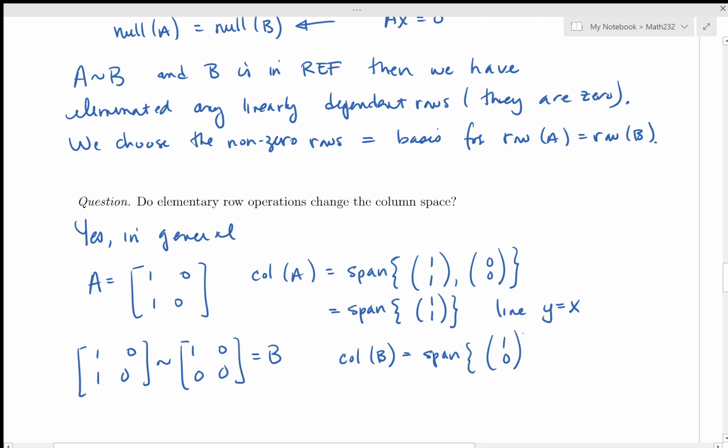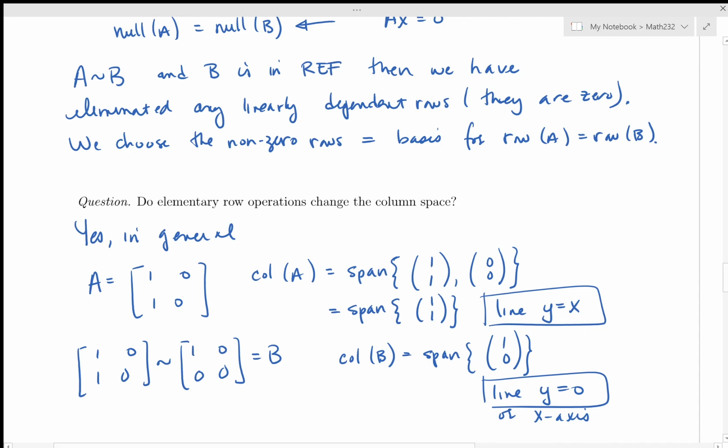The 0, 0 doesn't get us anything. So what is this? This is the line y equals 0, or the x-axis. That's clearly not the same space. This space is the line y equals x. This space is the line y equals 0. So the column space was changed via this row operation.